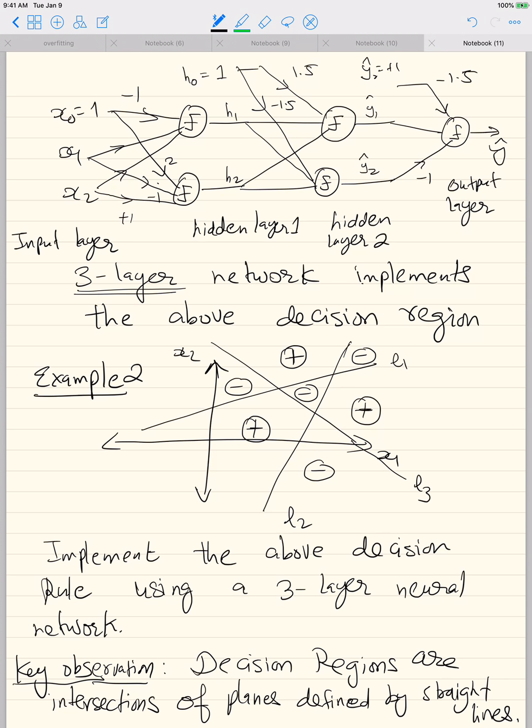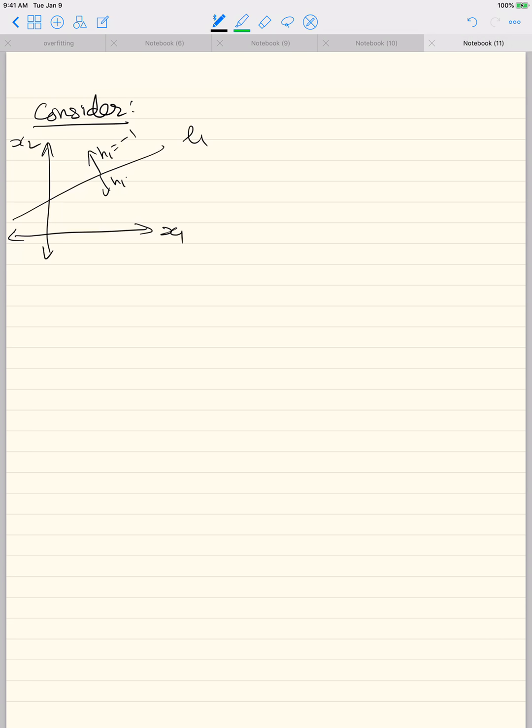So to see this, let us look at each of those three lines separately and see how their outputs can be combined to get a decision region like this. So consider the three lines one at a time. So this is the first line. So this is the case where each one is -1 and each one is +1. This is the second line.